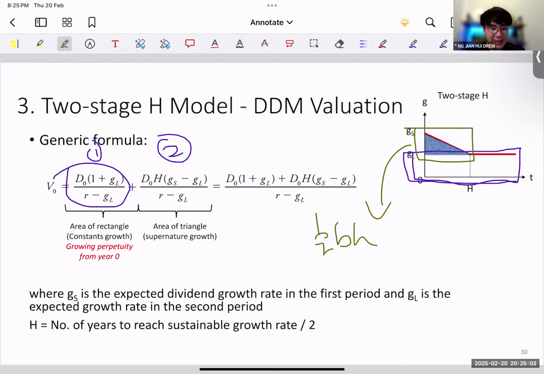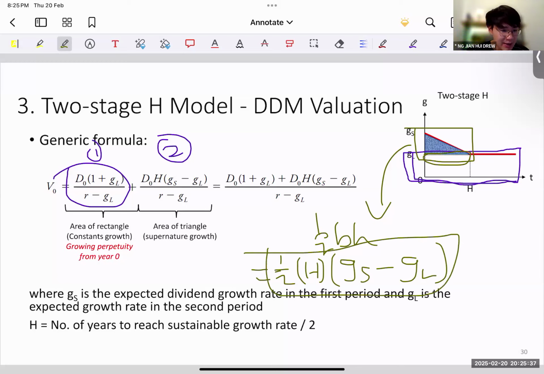So where is the base? This is equivalent to half base, let's say the base is H, times the height, GS minus GL. Doesn't this look very similar? This one looks similar to this. Can you see? H. And what is H?